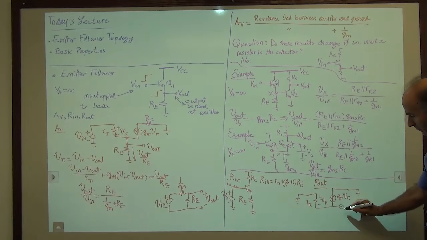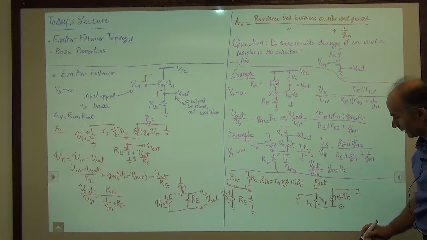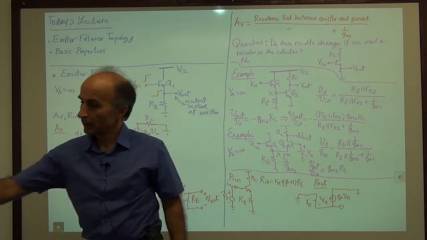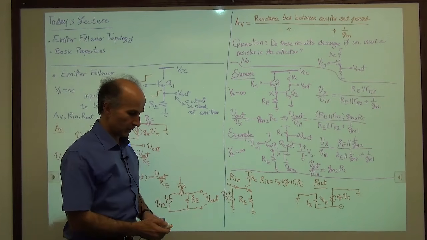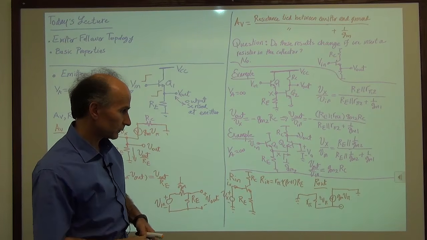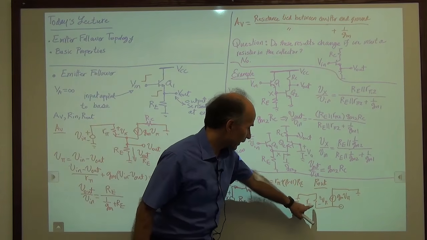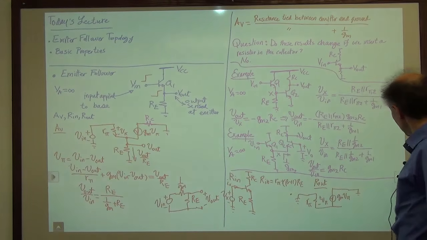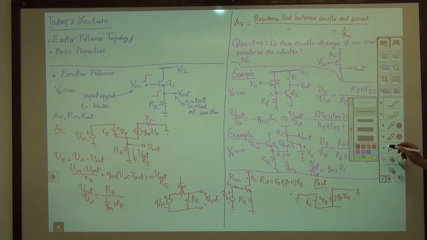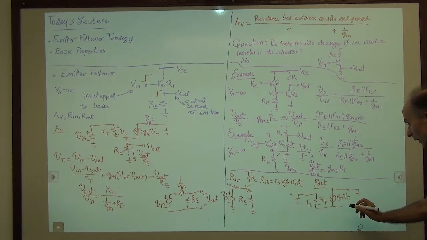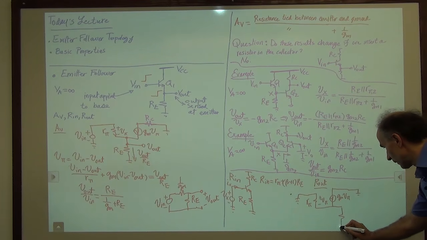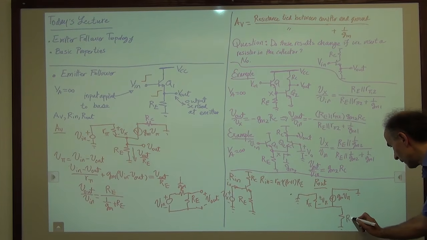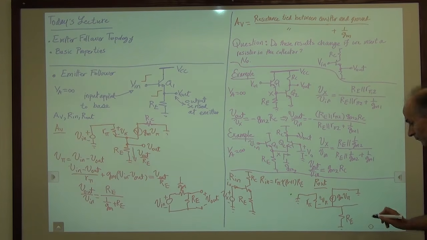Let's see, my pen has frozen. Let me take the other pen and see, maybe this pen is better. Okay, so we have R pi, gm V pi, and now let's go back to red. All right, so I will draw RE over here. That's okay, right?